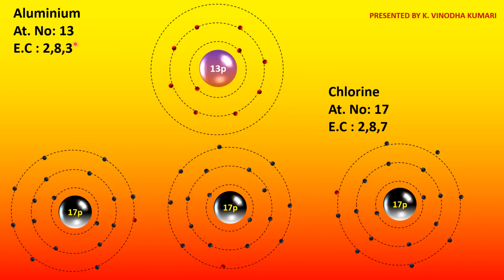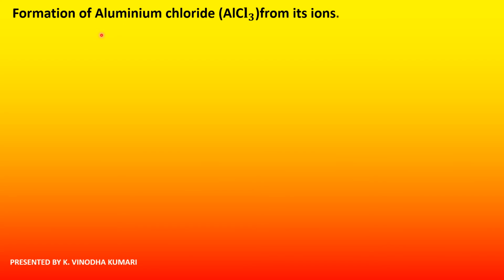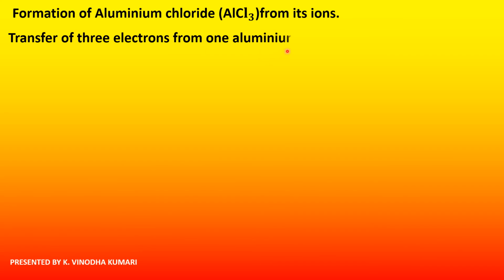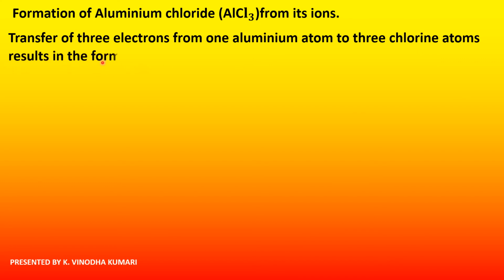Now we'll write the dot structure. Formation of aluminium chloride from its ions. See, we have seen that aluminium donates 3 electrons, 1 electron each to chlorine. Transfer of 3 electrons from 1 aluminium to 3 chlorines, 1 electron each, will form the ions Al3+ and 3Cl minus.